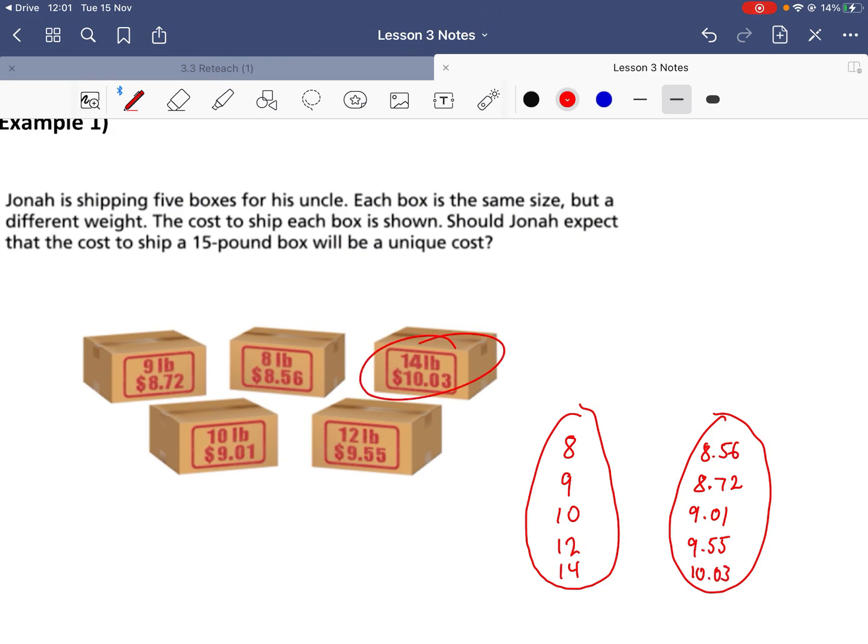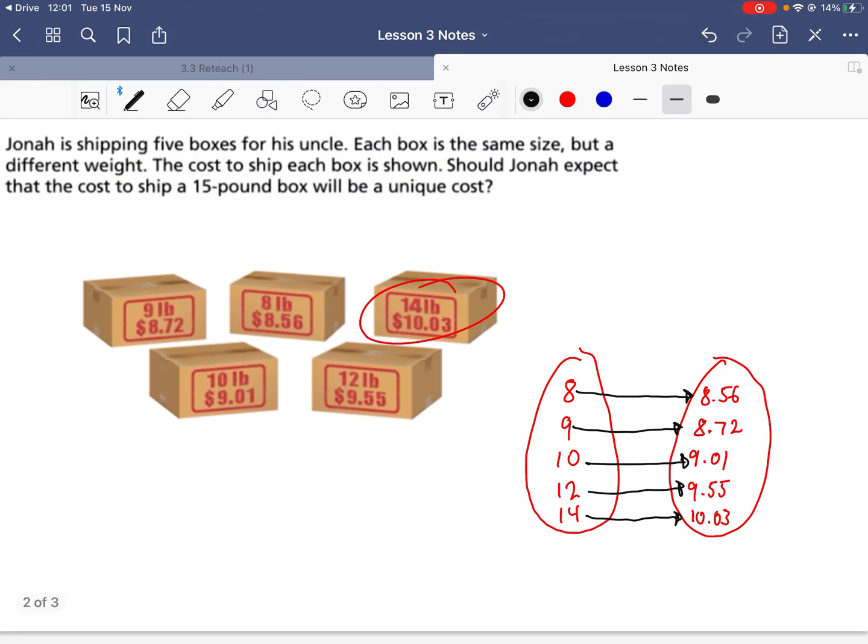These values are just coming from the boxes. We can see that 8 goes with this cost, 9 goes with this cost, 10 goes with this cost, 12 goes with this cost here, and 14 goes with $10.03.